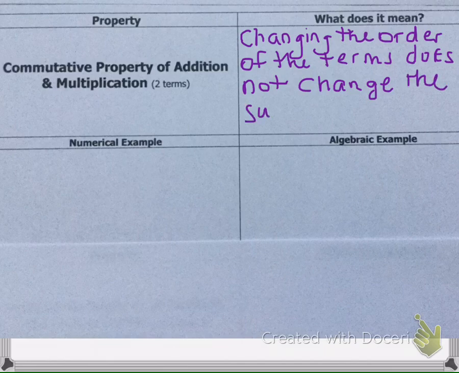I'll say sum or product. Okay? Changing the order of the terms does not change the sum or the product.